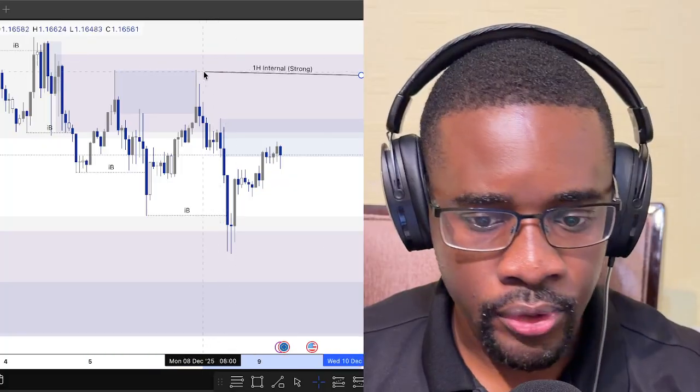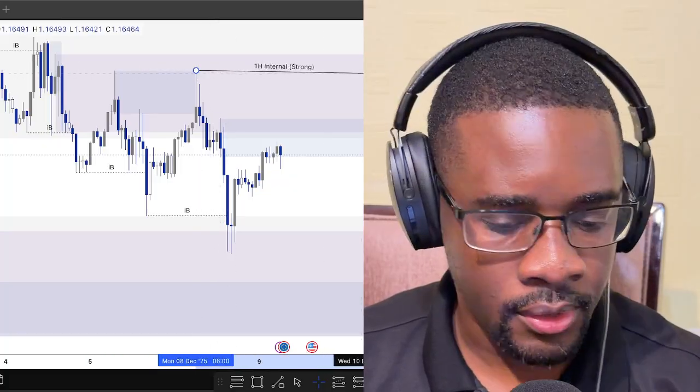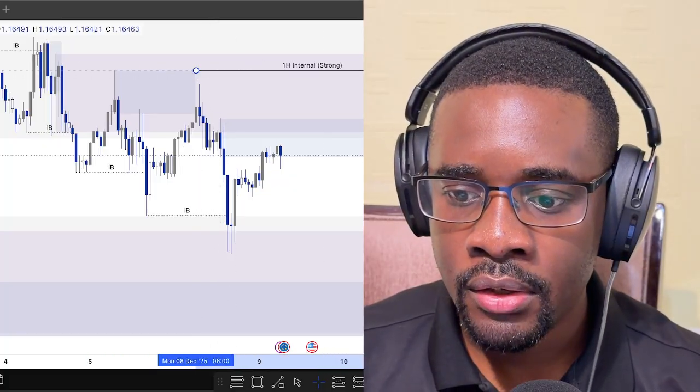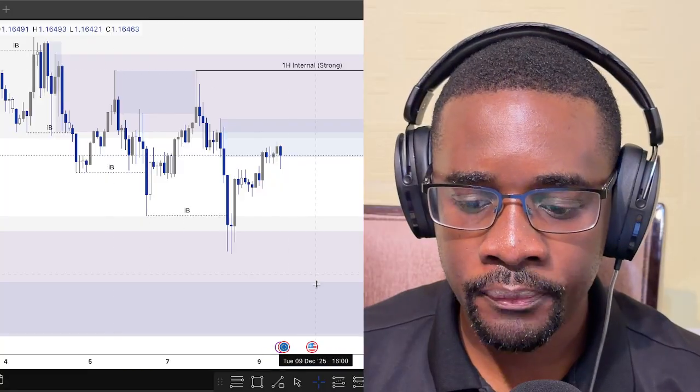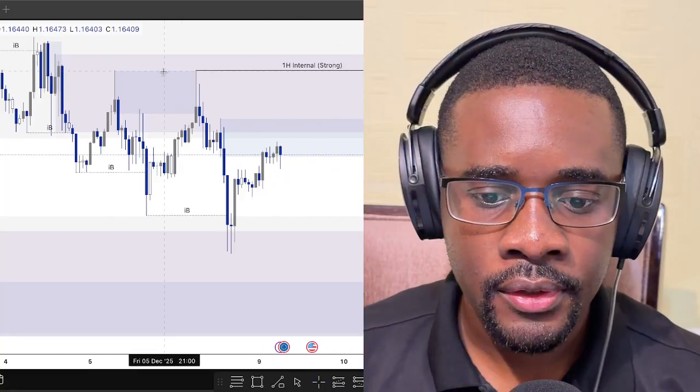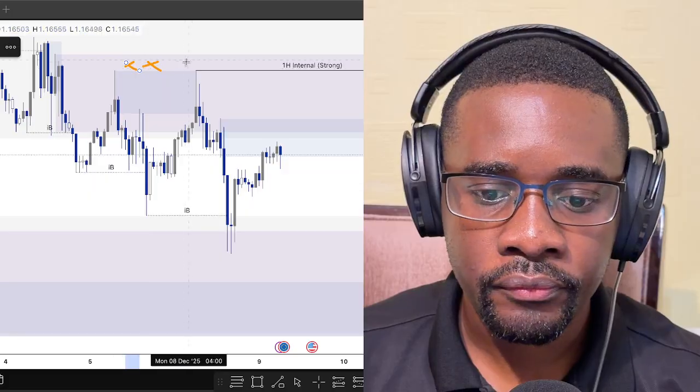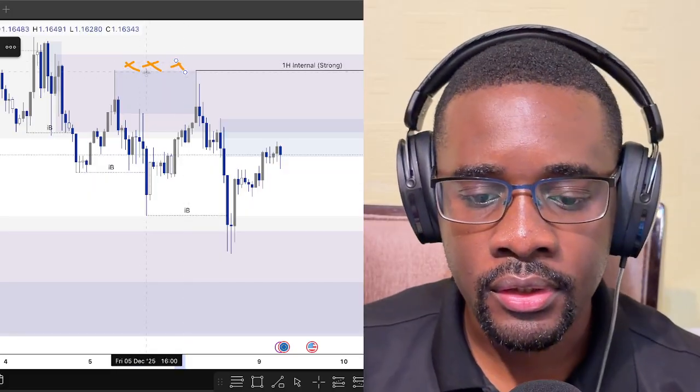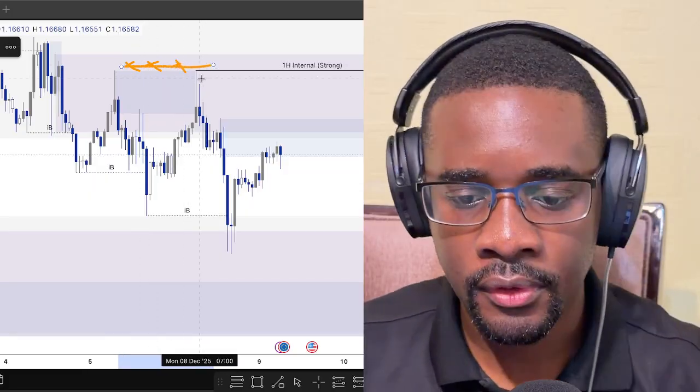However, we know that we have resting liquidity above, so we have those relatively equal highs resting here. At some point, those highs need to be taken.